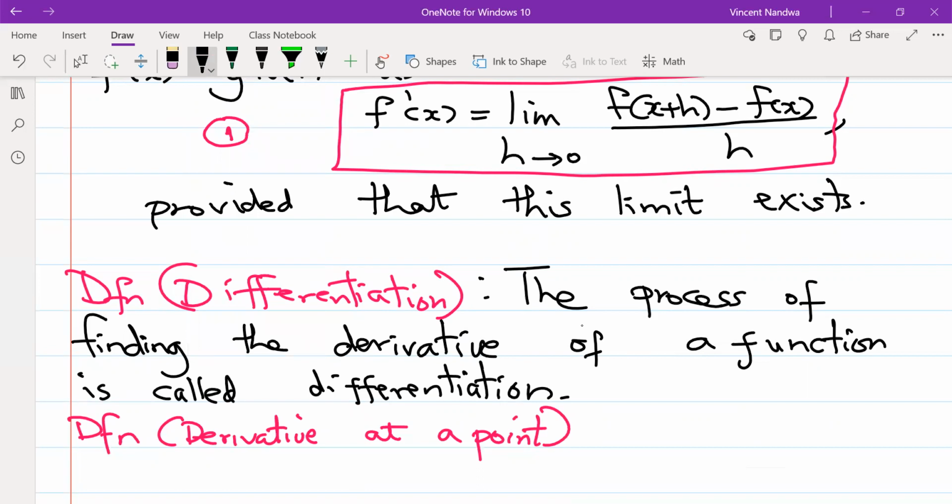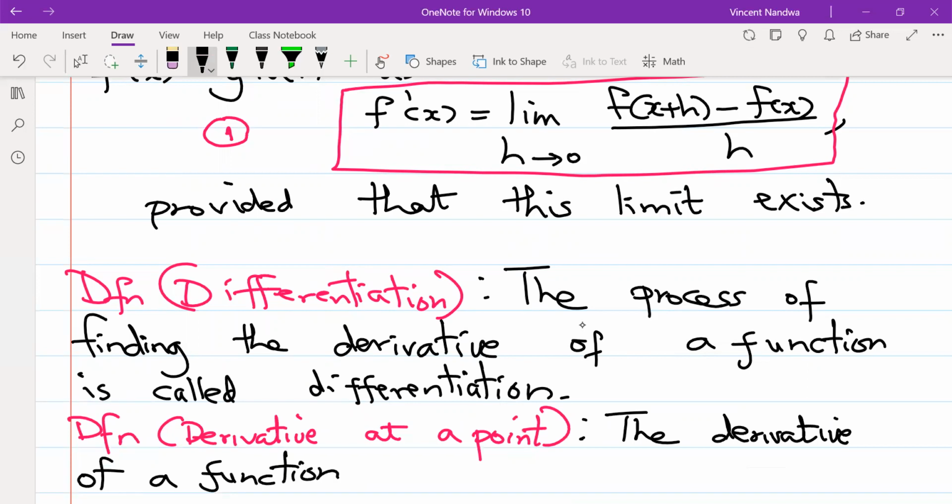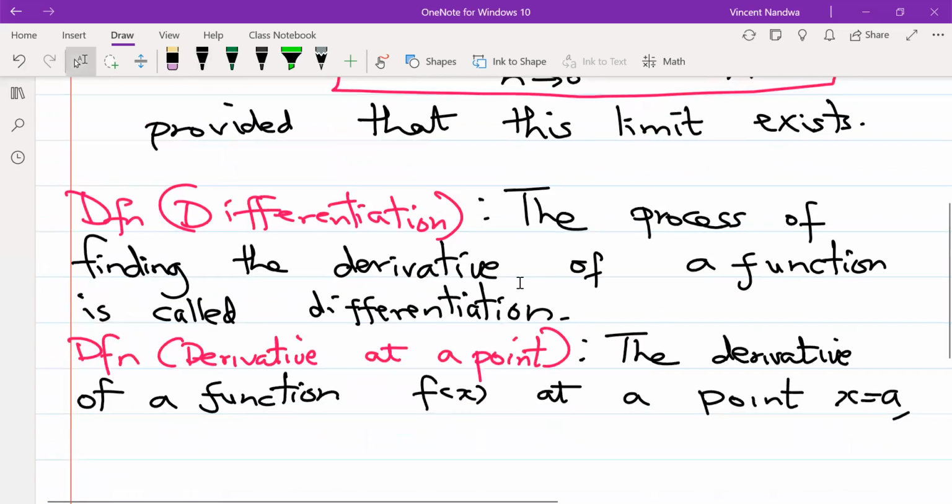The derivative of a function f of x at a point x equals a is another function.